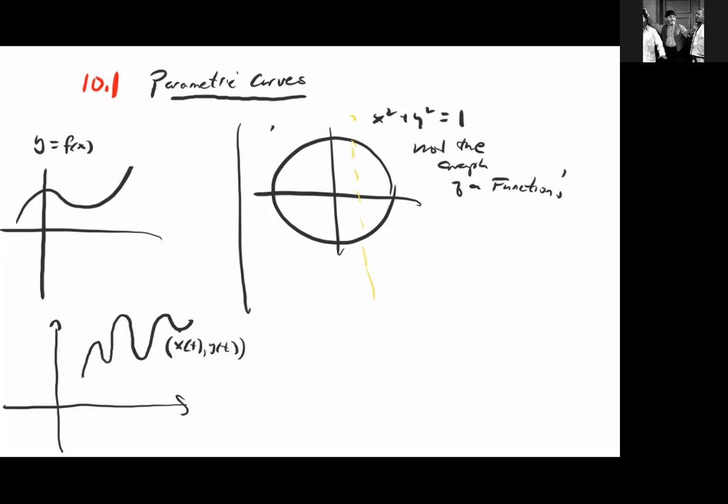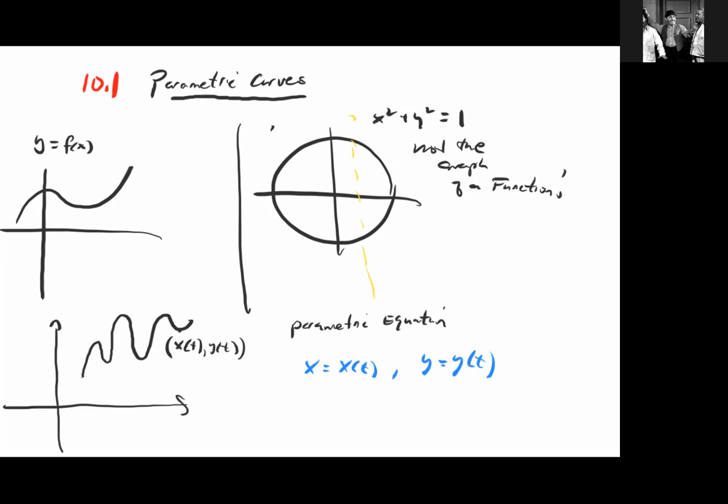So a parametric equation is an equation of the form x equals x of t, y equals y of t. And sometimes t can be specified as lying in some interval or not at all.